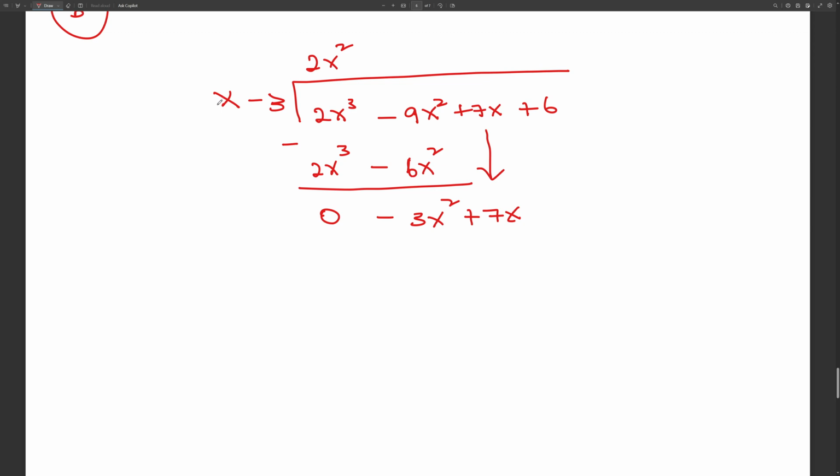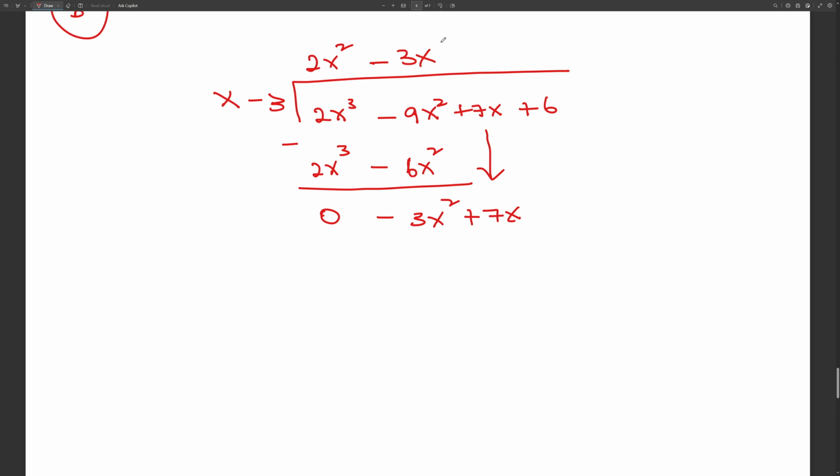When I divide this by this, I'll put a minus sign here because it's a minus sign. One of these x's is going to cancel with one of these x's, so I'm just going to remain with 3x.